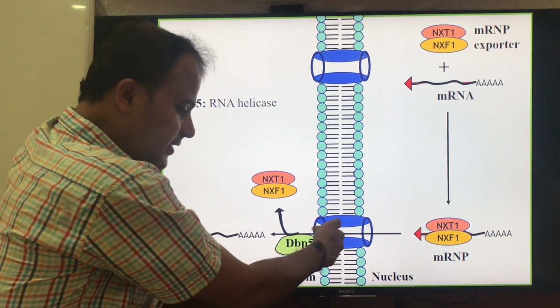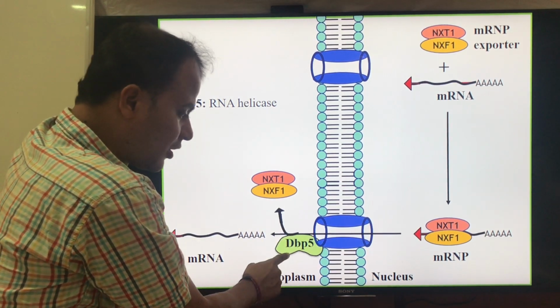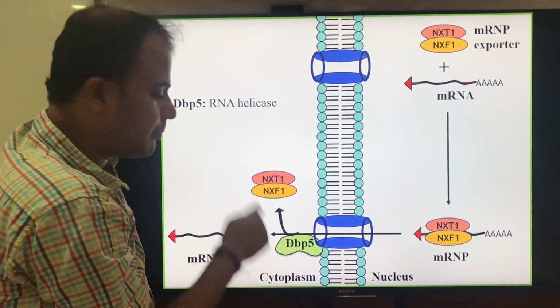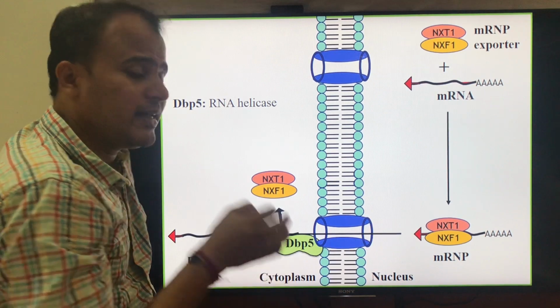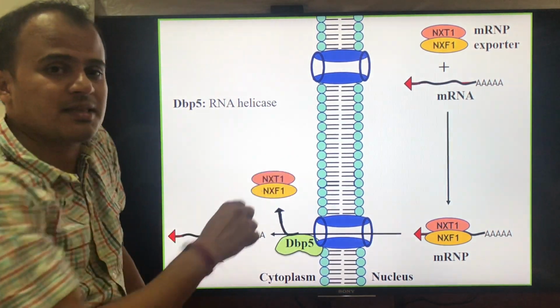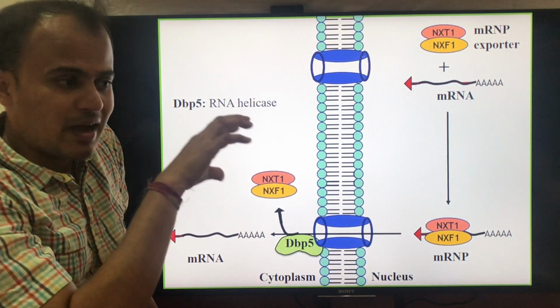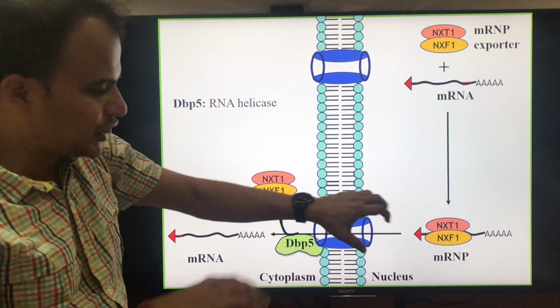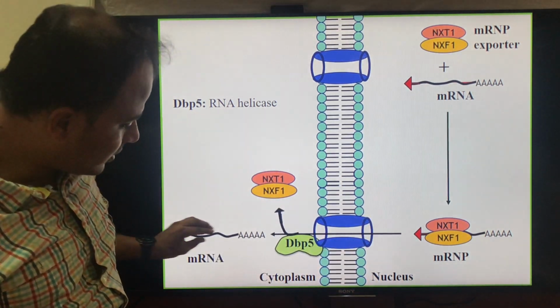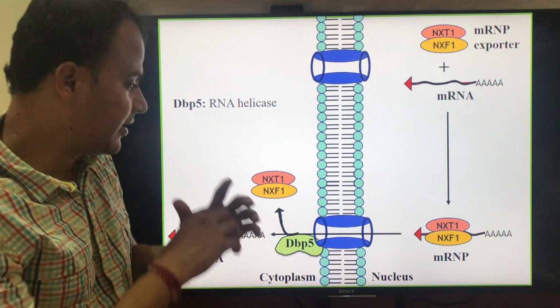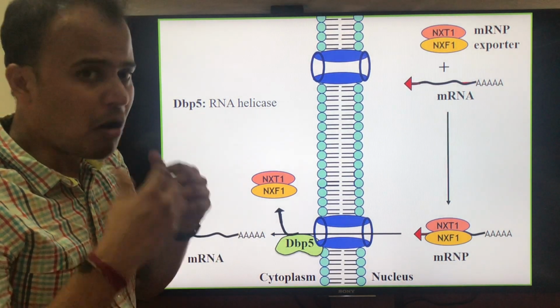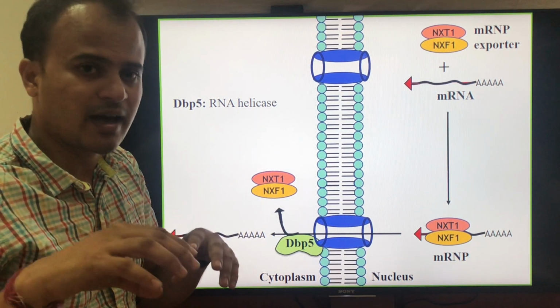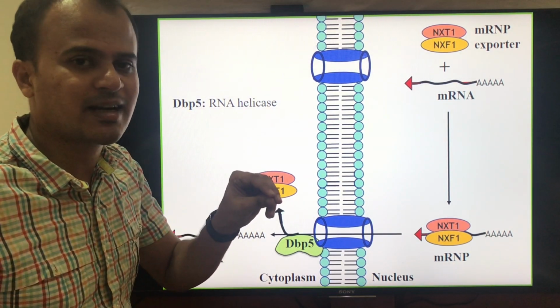Now, when it is entering the cytoplasm, it encounters a protein called DBP5. DBP5 is an RNA helicase, which runs on the mRNA and removes all the proteins present on the RNA, along with making it a single-stranded RNA.